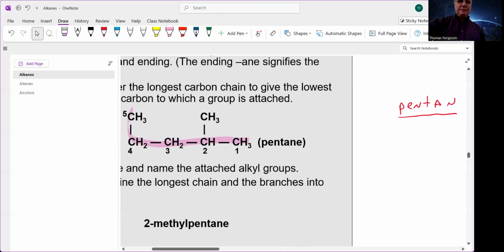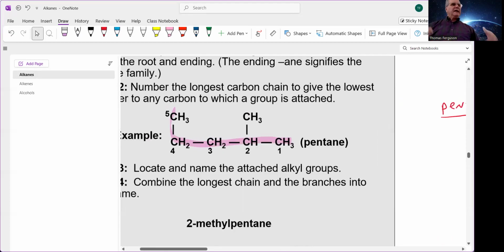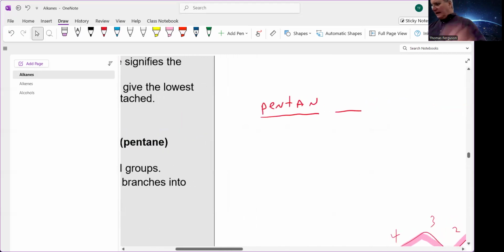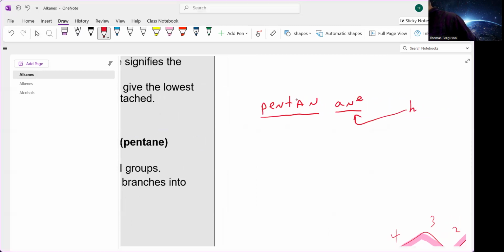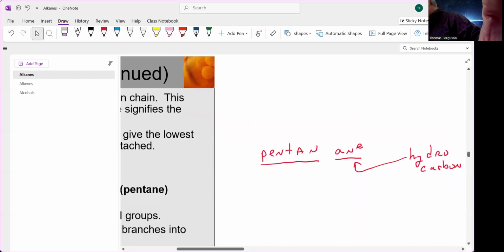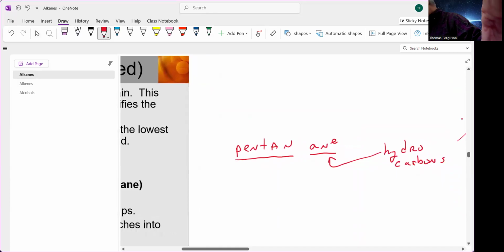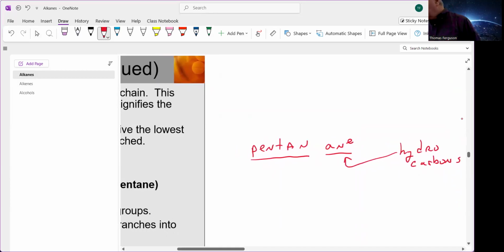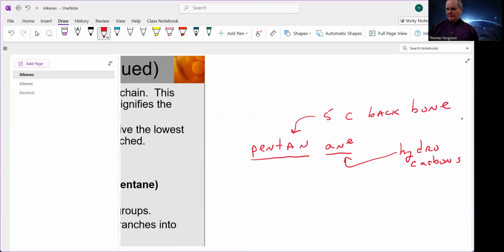In the case of hydrocarbons, the functional group is just H, so that is an ANE. So the second thing is name the functional group, and for this chapter, it's ANE.